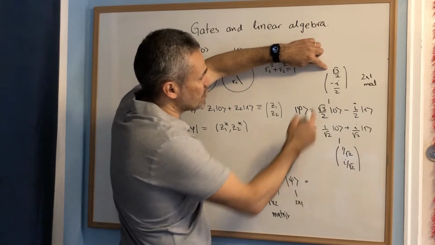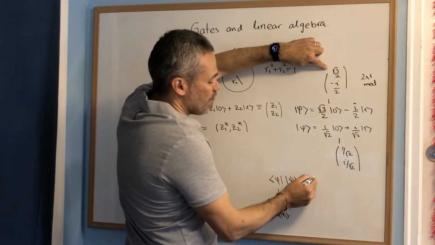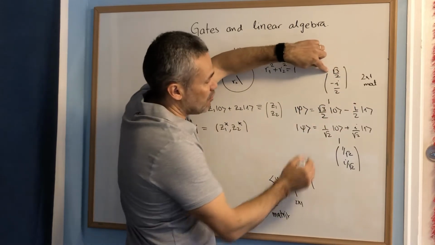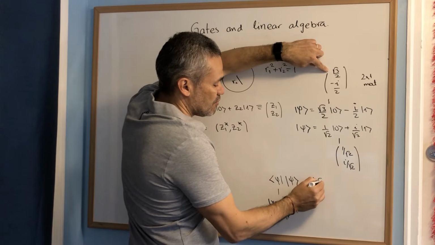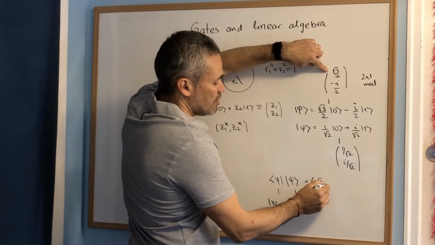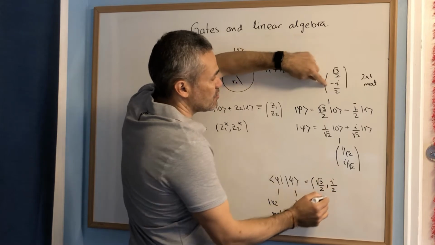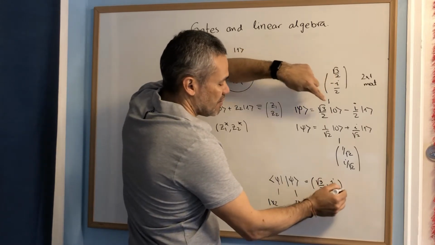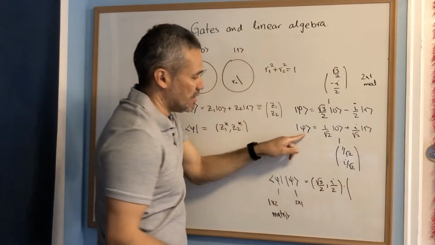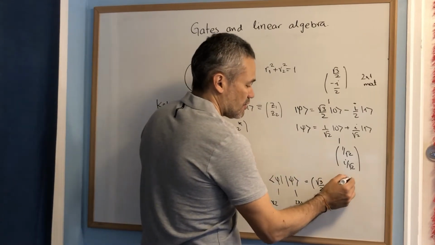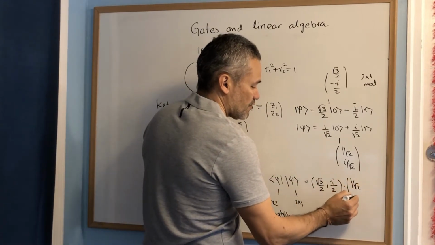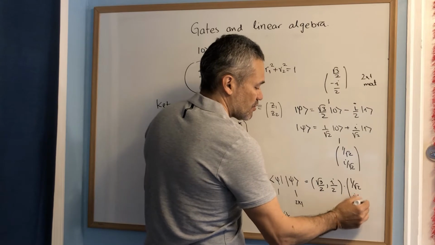Its bra is going to be the row vector that we get by conjugating this. Then here we have the square root of 3 over 2, comma, I over 2. The conjugate of negative I over 2 is just I over 2, times this column vector, 1 over the square root of 2, I over the square root of 2.